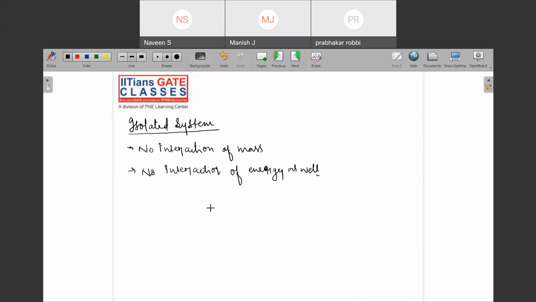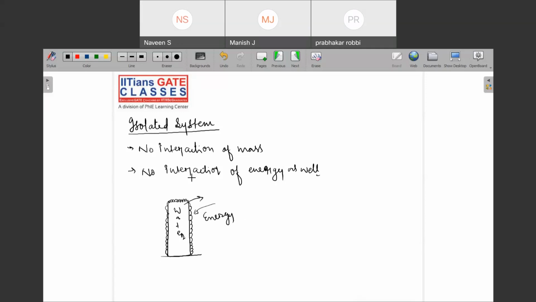Like a well insulated thermoflask. Let us say there is a well insulated thermoflask. Once you pour some water into it and you cover it from upside also, then this water is not allowed to go outside, and if it is well insulated, there is no energy interaction.